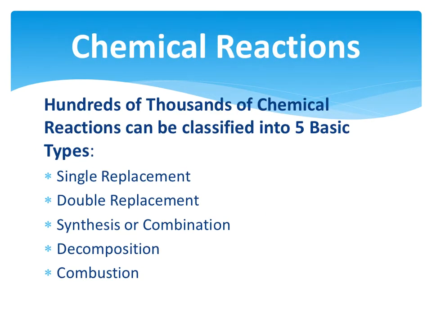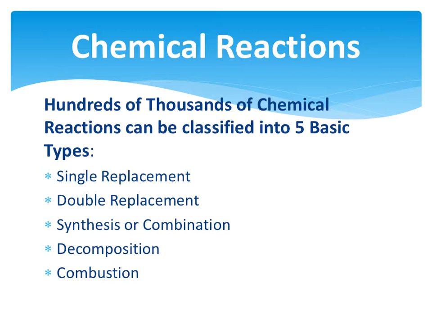Of the hundreds of thousands of chemical reactions that go on every day in our lives, they can all be broken down into 5 basic types: single replacement, double replacement, synthesis or combination, decomposition, or combustion.